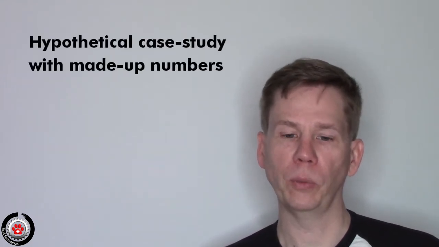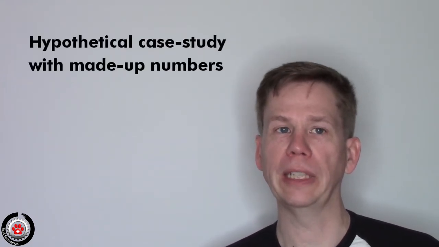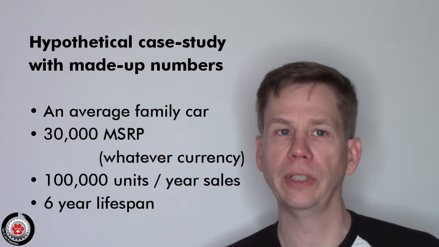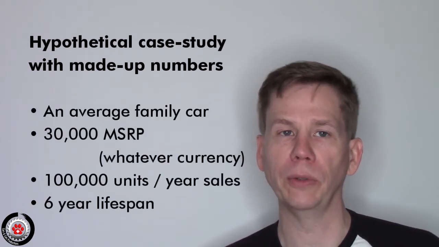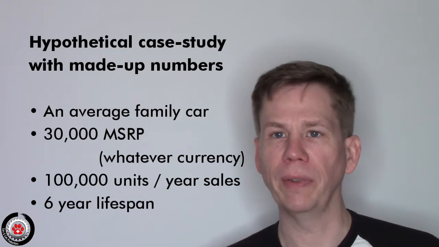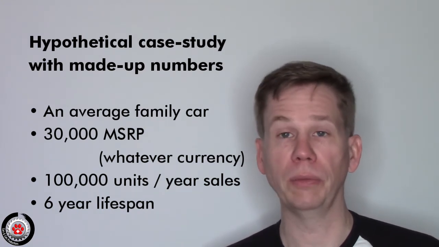So we can look at that in this situation from now on. We're going to use a hypothetical example of a $30,000 or euro or pound car. So that's kind of average for certainly the European marketplace.